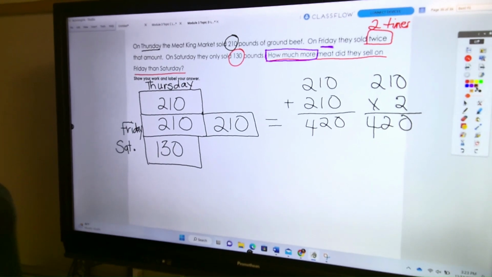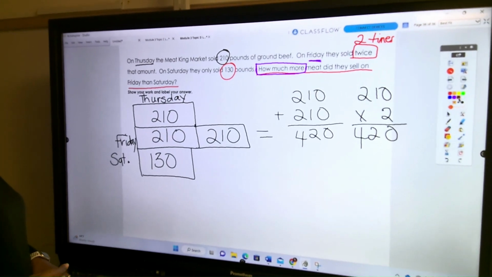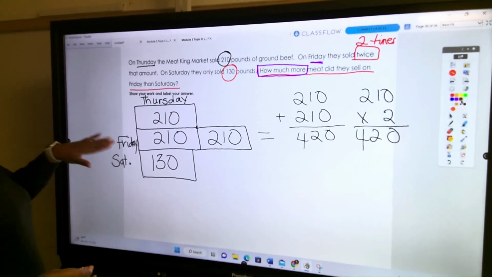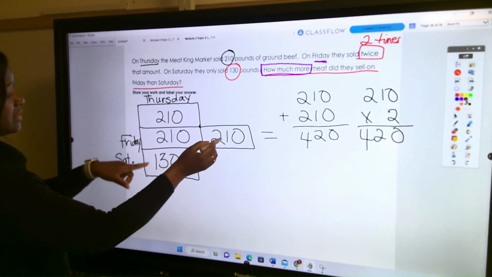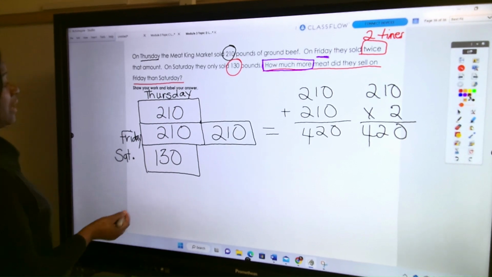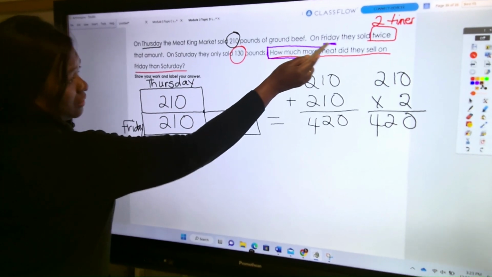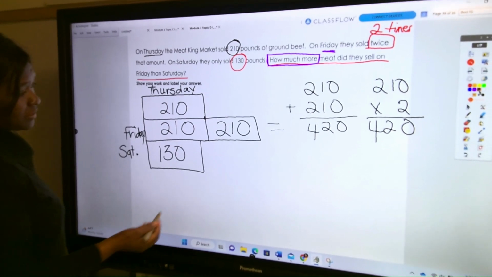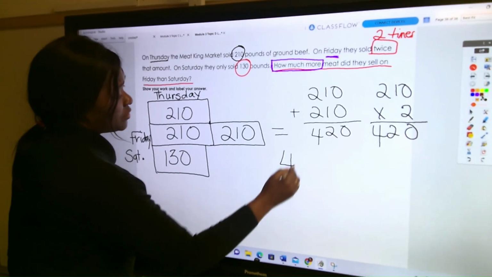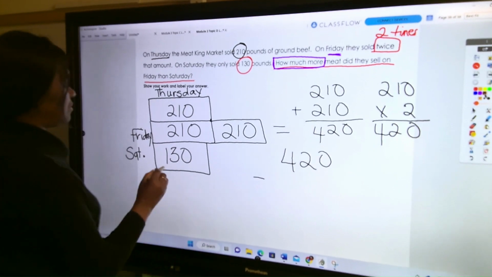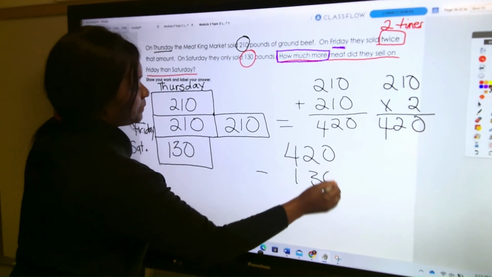Either way, it doesn't matter. You could add it 2 times, or you could just multiply by 2. So since we know that Friday they sold 420 and on Saturday they sold 130, we can now go ahead and use our clue here, which means we're going to be subtracting. So we will have 420 minus 130.